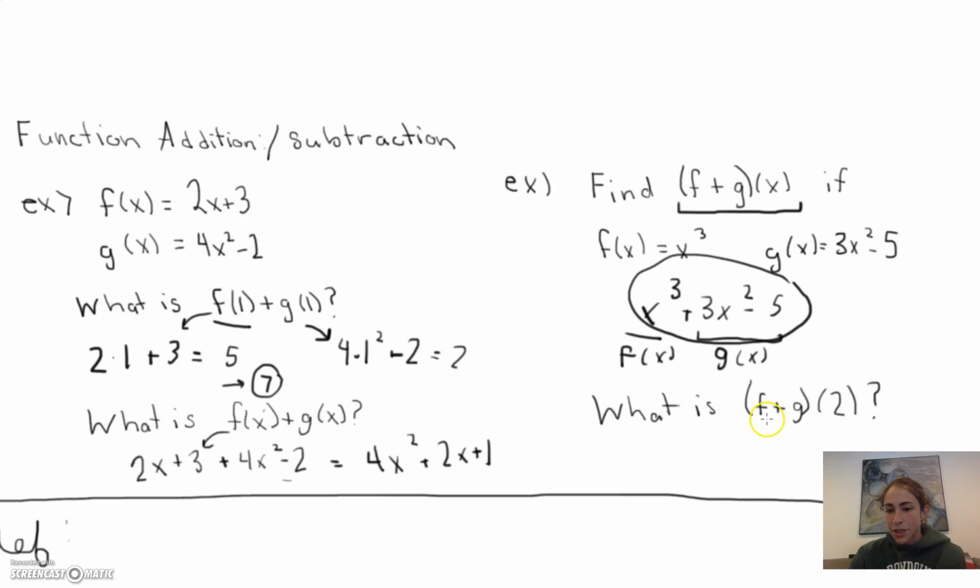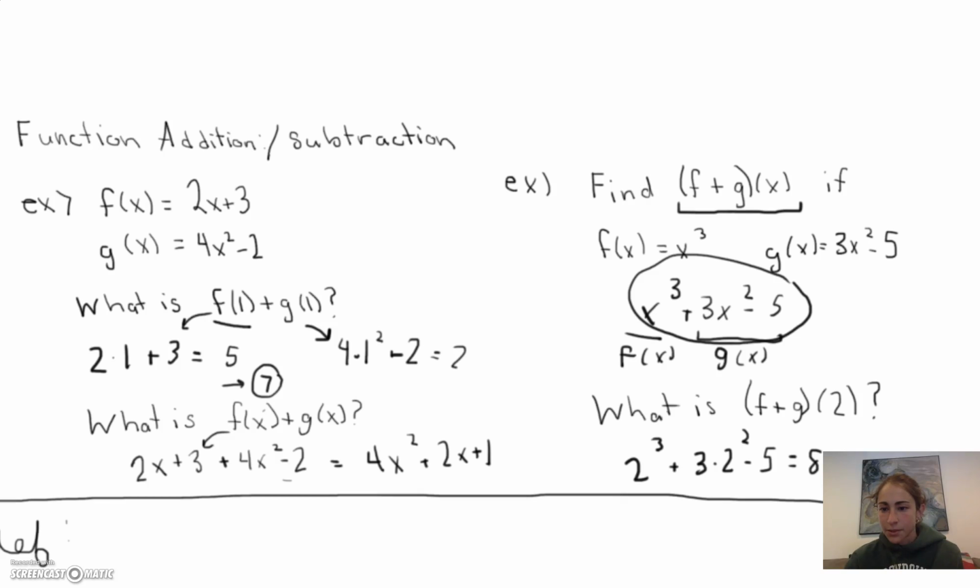So what's f plus g of 2? Well, we just plug in 2. 2 cubed plus 3 times 2 squared minus 5. And what does that end up being? 8.